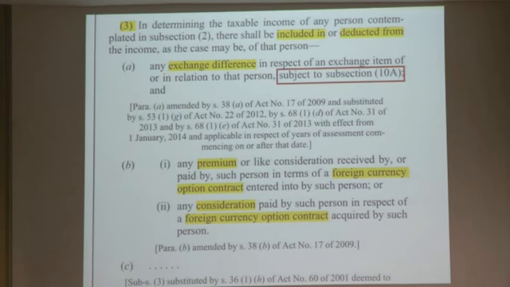It's only my foreign currency option contracts, where as soon as I go into that contract, I pay a premium, or the person that's the writer thereof receives a premium, then that amount is immediately taxable or deductible depending on the case. So a foreign currency option contract has a separate extra amount payable or receivable upfront, and that is immediately subject to tax. And then we do exchange differences from there. You okay with sub 3? Okay.